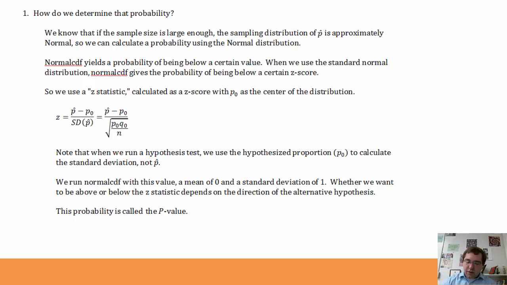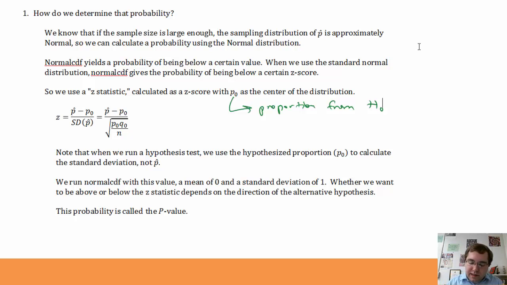When we use the standard normal distribution, normal CDF gives the probability of being below a certain z-score, where the z-score is the standardized score. So what we use is a Z statistic. It's calculated as a z-score with p naught, the proportion from the null hypothesis, H naught, as the center of the distribution.